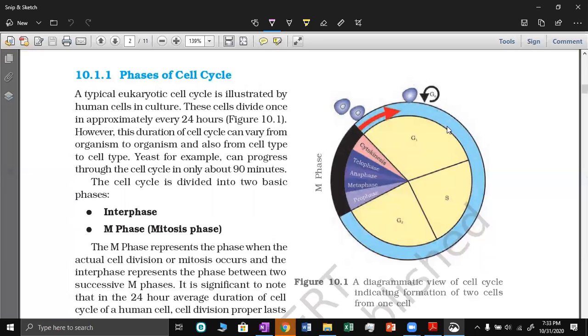Now I can write it here. See here, this is the G1 phase. This is the beginning, and the process is going in this direction.